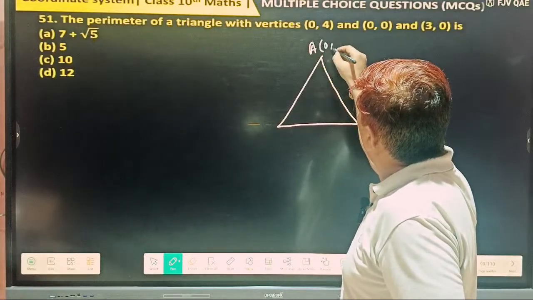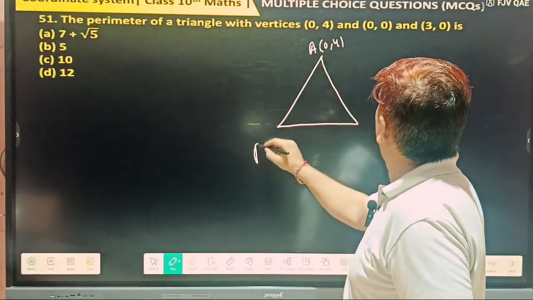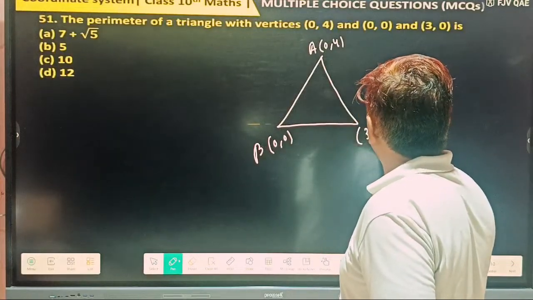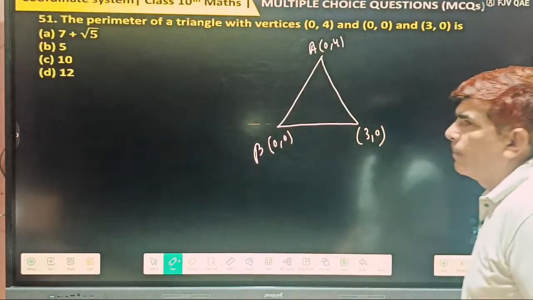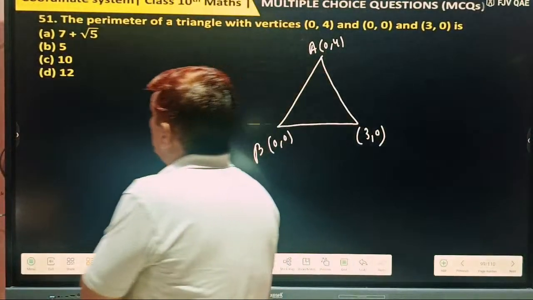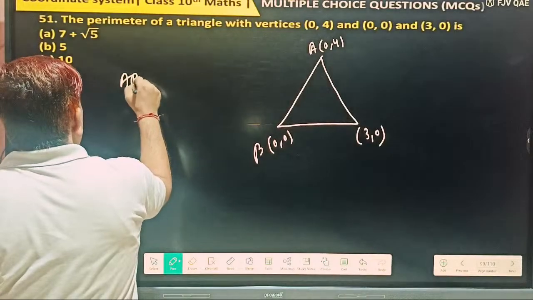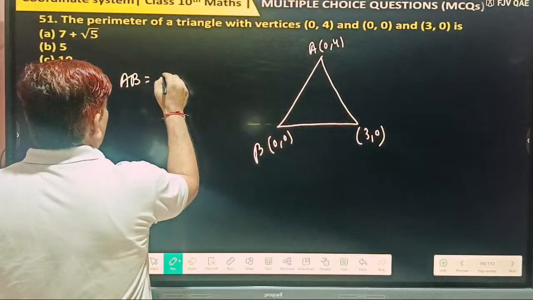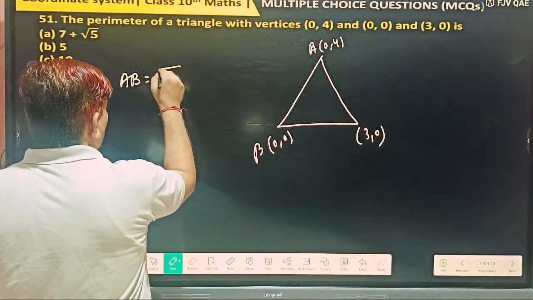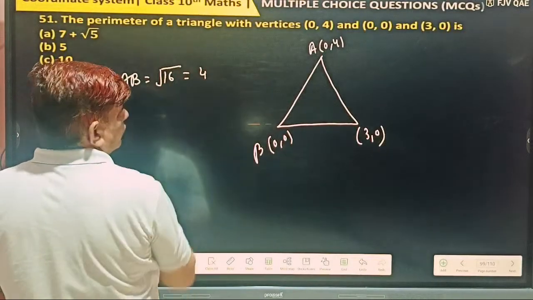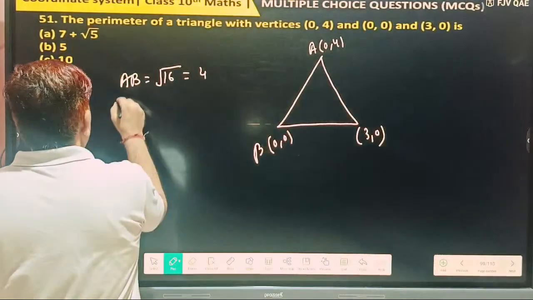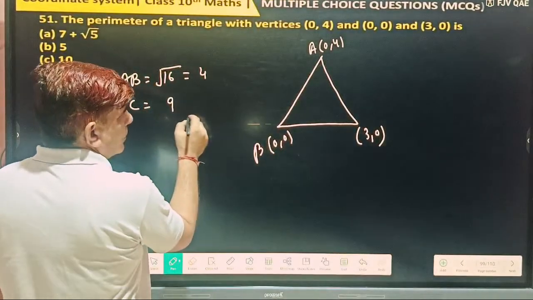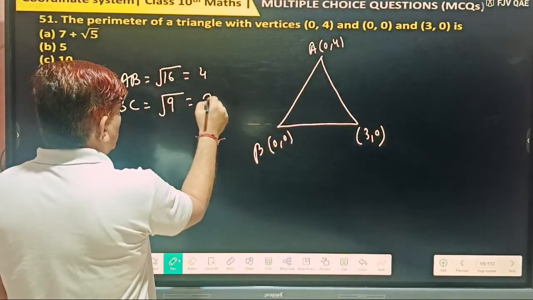A (0, 4), B (0, 0), C (3, 0). So first what will we find out? AB. What's your AB? 0 minus 0, 0 minus 4. It means 16. Under the root 16 equals 4. Then find BC. BC equals 0 minus 3, 9. Under the root how much? 3.